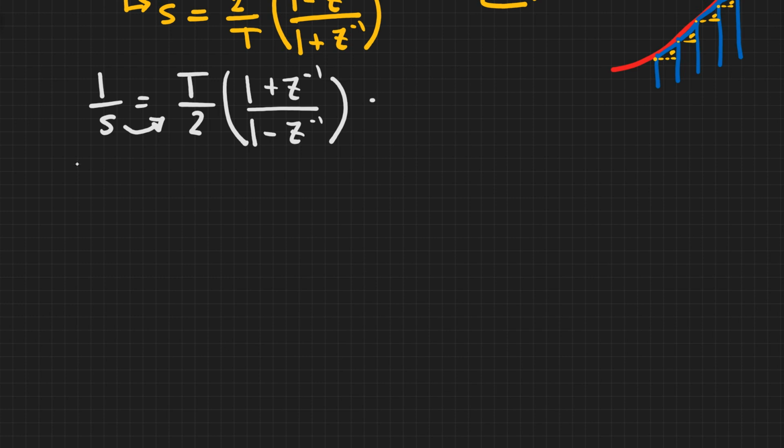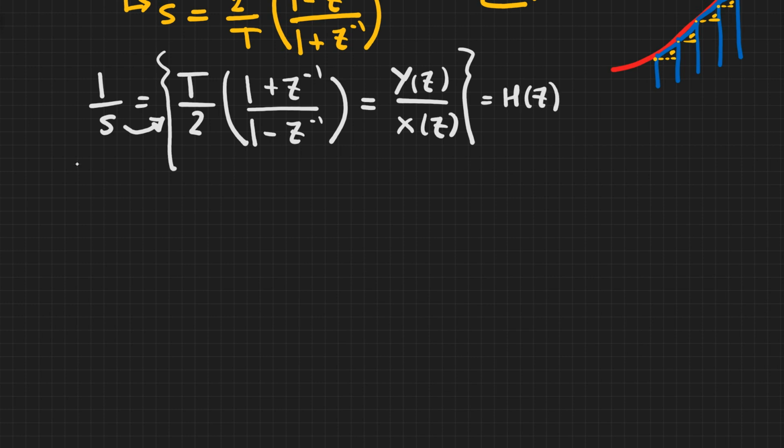Let's say that this Z domain transfer function is Y divided by X, and let's call it H of z. We want to prove that H of z is actually doing this discrete integration, this trapezoidal kind of integration.